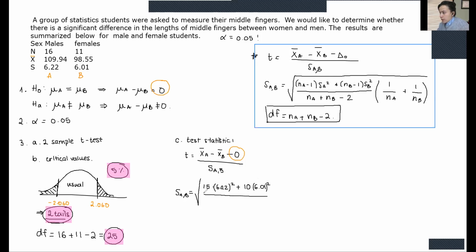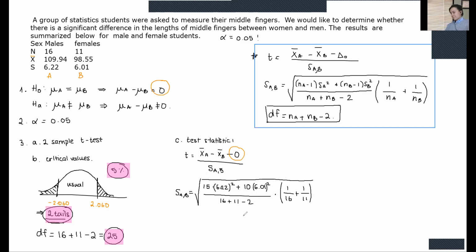The whole thing divided by 16 plus 11 minus 2. And then this whole thing multiplied by 1 over 16 plus 1 over 11. And then close the square root of all of that.